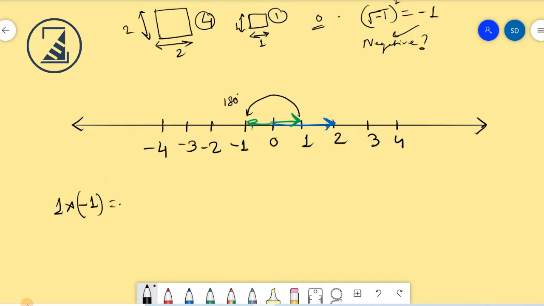So this is -1, and if we again multiply this result with -1, it will again make a 180 degree rotation and give me my original number 1.